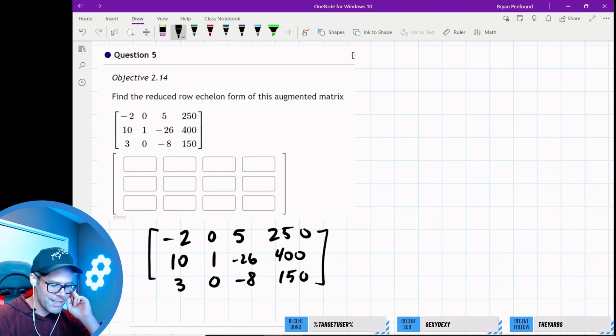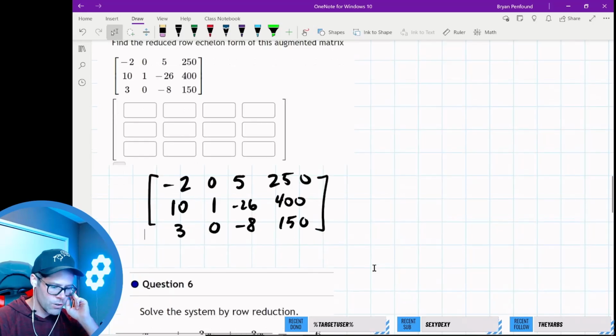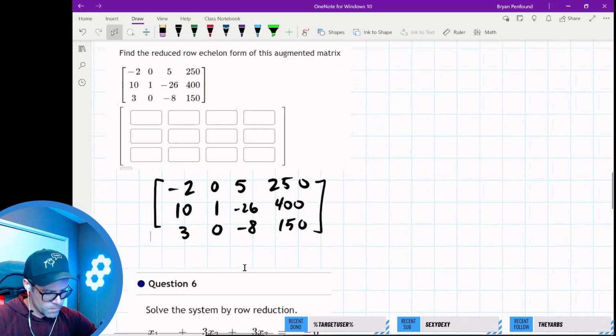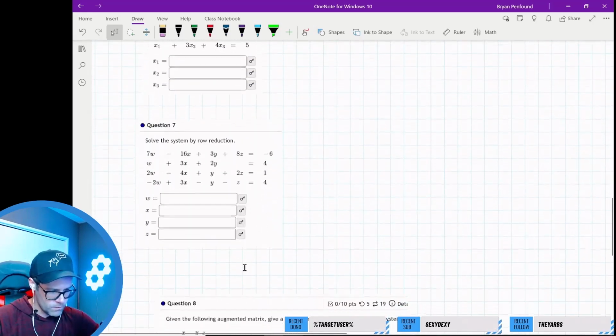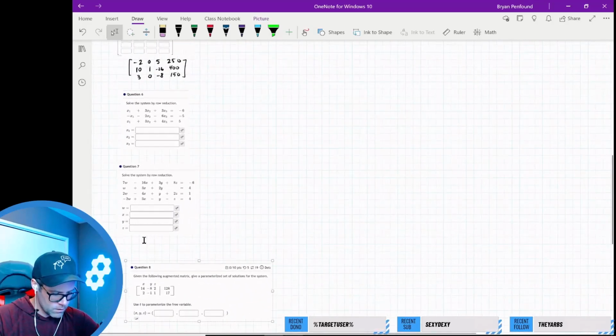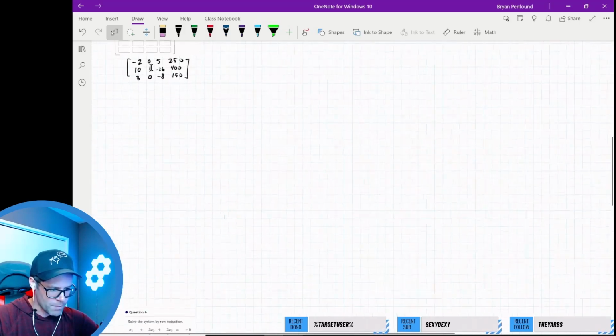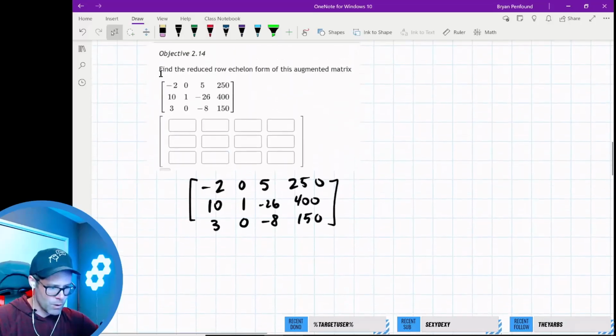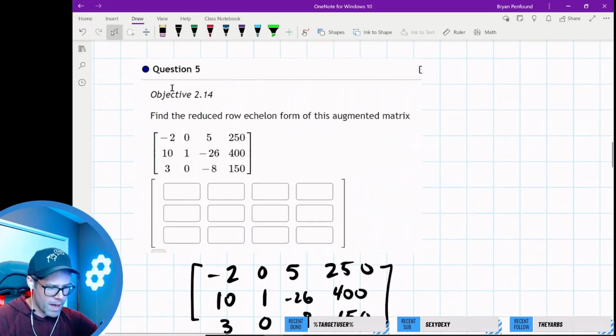Is there anything easy we can do? I suppose we could use the negative 2 to do some work. Wow. We're going to have to do some big-time Gauss-Jordan elimination here. Holy smokers. I take it back. This is a hard section.